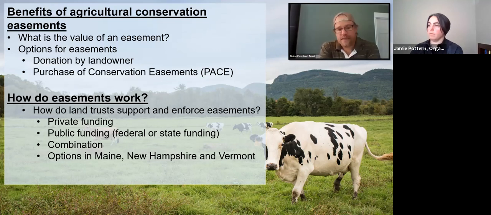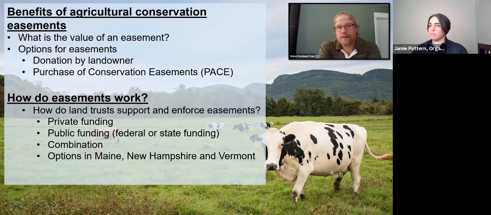So sort of the next section of this is, how does that work? Where does the money come from? And it's different in every state. Every state has a different source of funding, and I'm going to touch on those a little bit, a different level of funding.